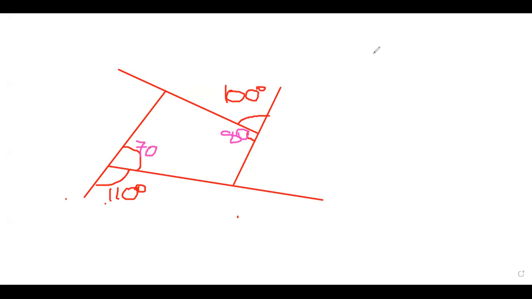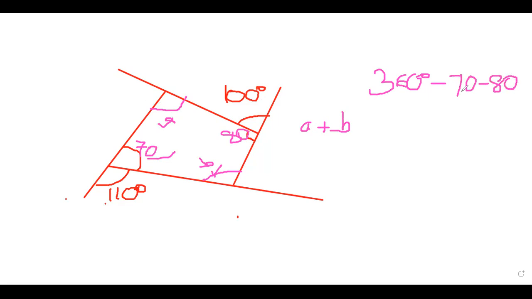Now, from what we have learned about interior angles in a quadrilateral, the total has to be 360 degrees. That means if I say this is A and this is B, A plus B plus 70 plus 80 must be equivalent to 360, correct? So if I just want to find A plus B, it has to be 360 minus 70 minus 80. Agree? What do you get?